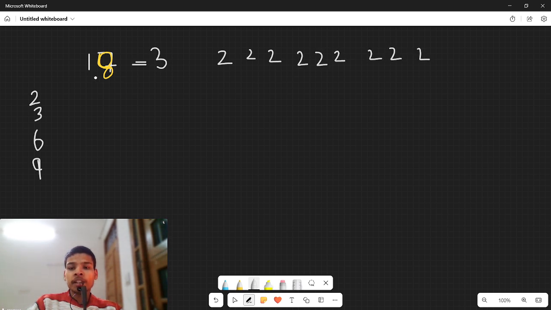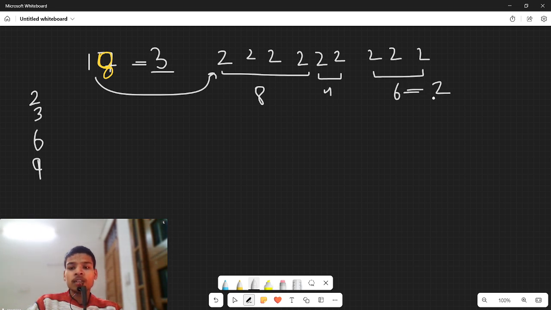I can divide 18 into this many 2s. Now you can see my number of parts is 9, but I only want 3 parts, so I will combine some of the parts. I will make this one pair, this one pair, and this one pair, or any number of pairs. Let's suppose it is now 4, 8, and 6. So the GCD of all this is 2, which means I can get a GCD of 2 as an answer.